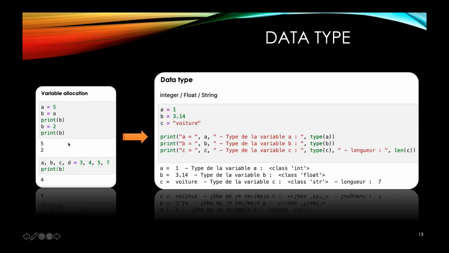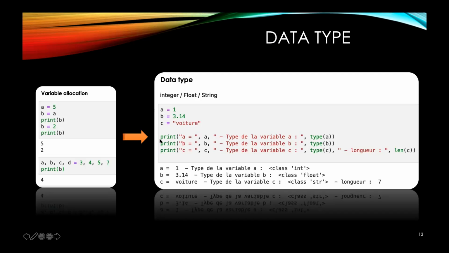And we have, as we said before, with the generic typing, several data types, and we can put data inside, and the variable will take the data type of our data. So here I put 1 in A, 3.14 in B. Sorry, here the code is in French, but the code is the same.